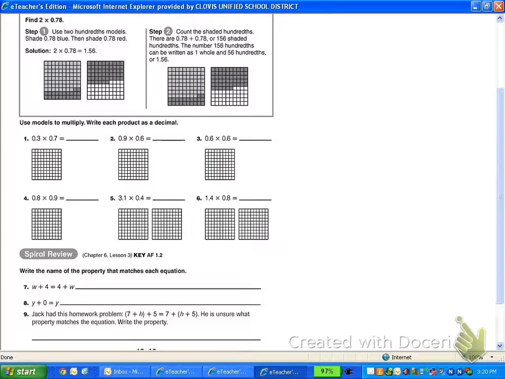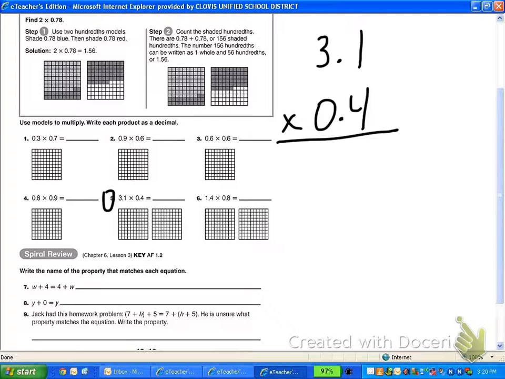And their homework page is pretty much the same thing. We want to multiply them and move the decimal over. I'll do number 5. We've got 3.1 times 0.4. 4 times 1 is 4. 4 times 3 is 12.